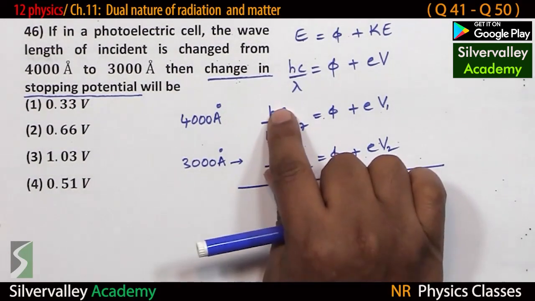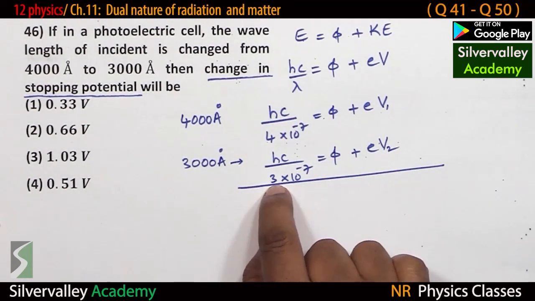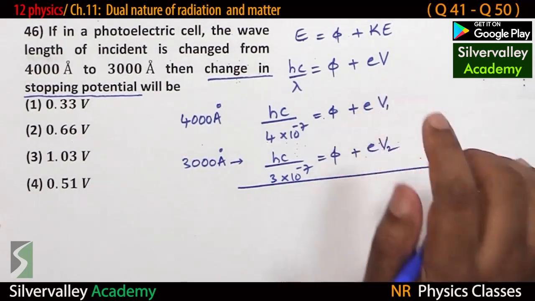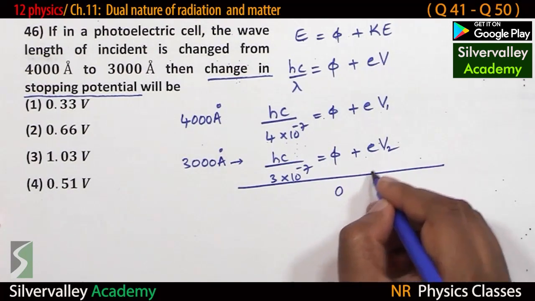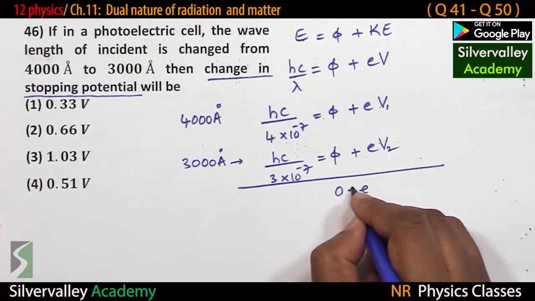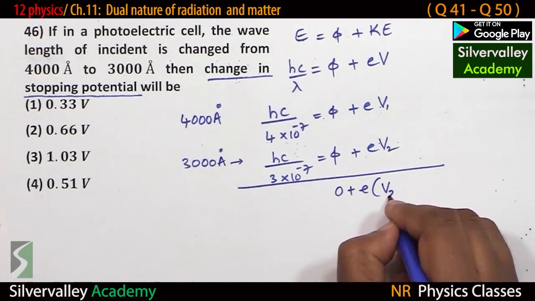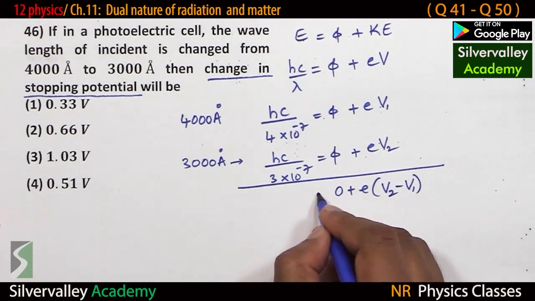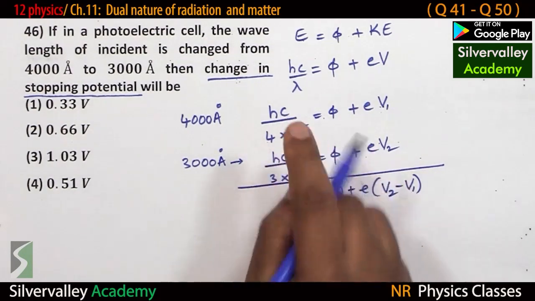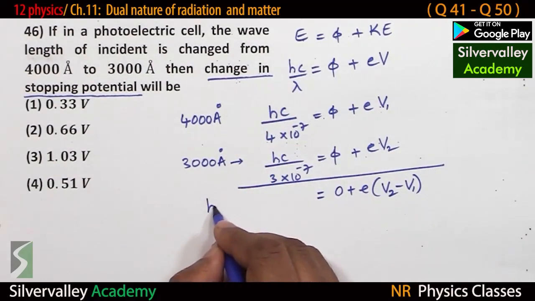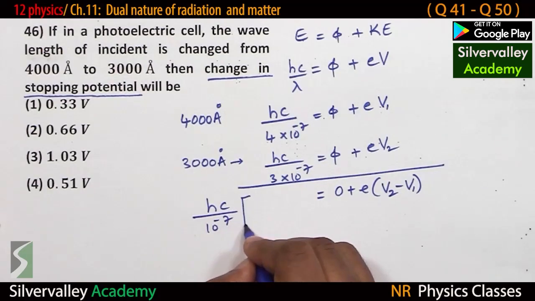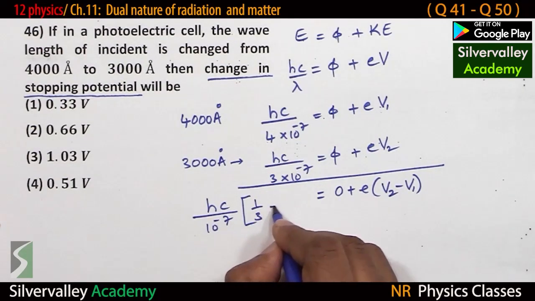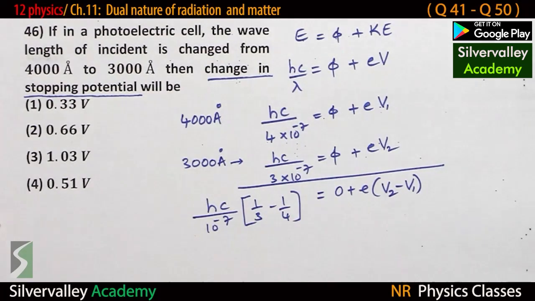This is greater than this because the denominator is less. Therefore, this minus this, phi cancels, 0. This minus this, e is a common factor, V2 minus V1. Take common factor, hc by 10 power minus 7, 1 by 3 minus 1 by 4.